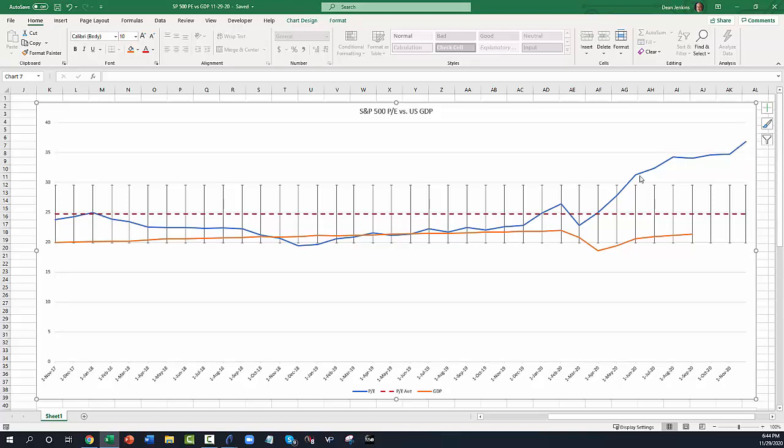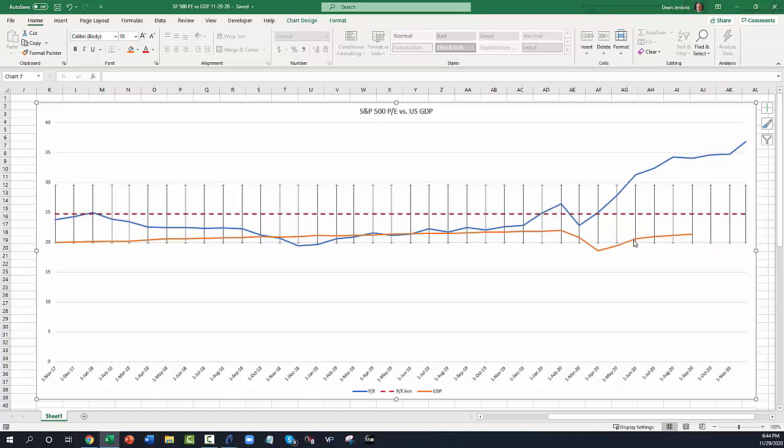So when you look at this historically very, very high PE ratio for the S&P 500, that says there's a very high degree of optimism that earnings in the S&P 500 are going to grow. And when we look at gross domestic product, the entire economic output of the U.S., you can see the data lags a little bit.